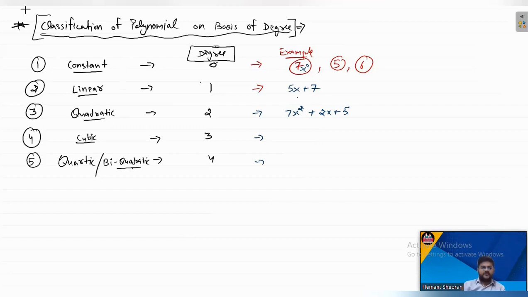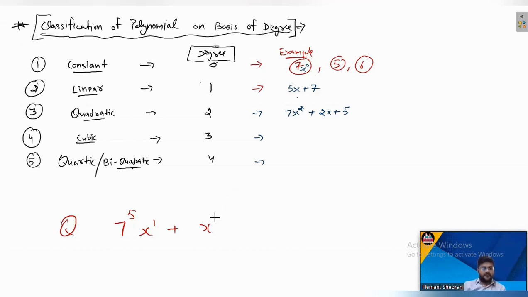Now, for example, if I ask you a question, what's the degree of this polynomial? What will you say?